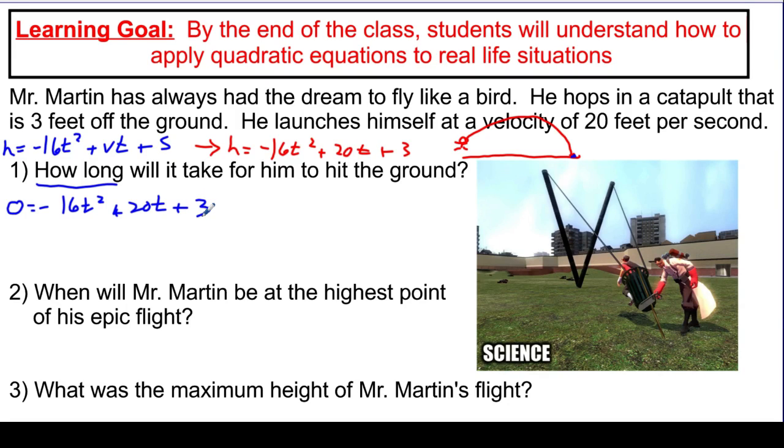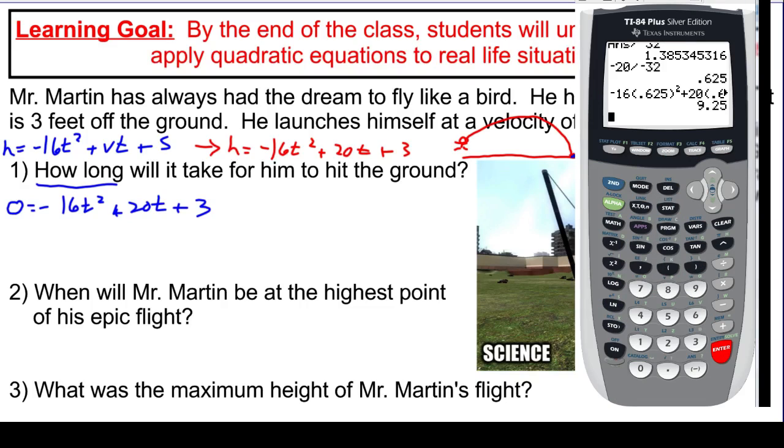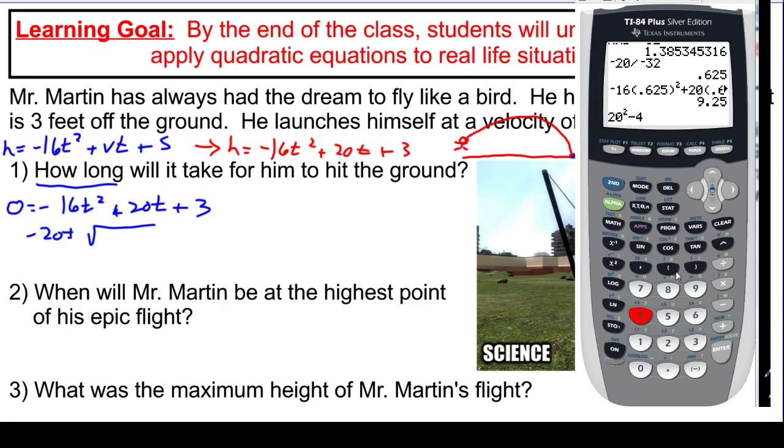It's already set equal to 0 because we were at 0 feet. So we're going to pull up our calculator and see what the answer comes out to be. So this looks like negative 20 plus or minus. Let's do b squared minus 4ac on the calculator itself. In our case, it's going to be 20 squared minus 4 times negative 16 times 3.